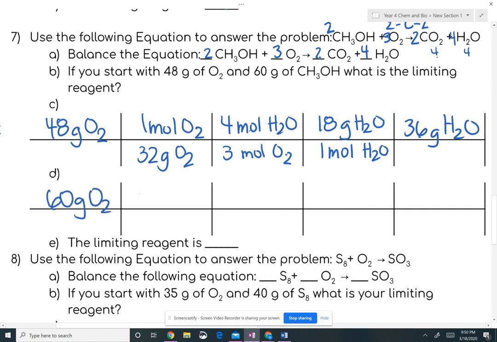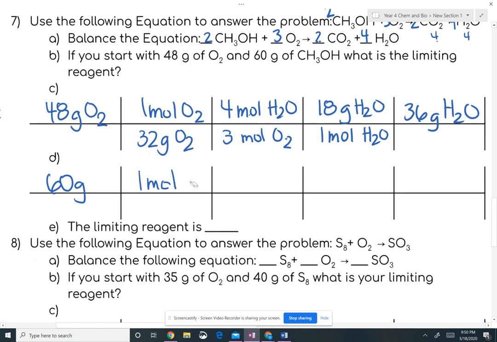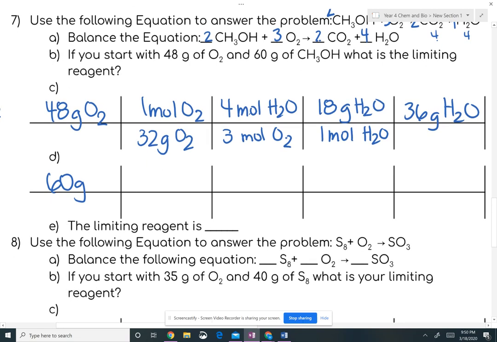Right, so then you should have 1 mole. Oh, shoot. Wrong molecule. I was like, why did that look wrong? CH3OH. Right, then I should have 1 mole of CH3OH.